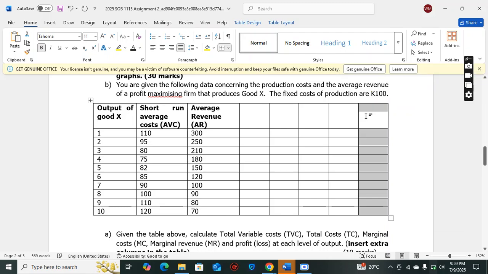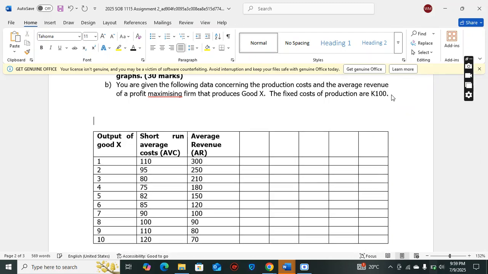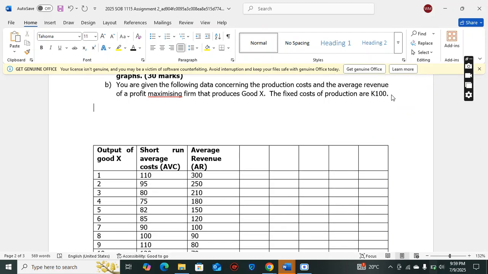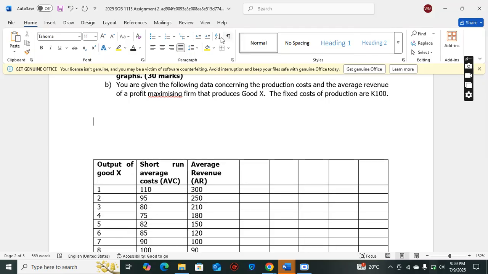For this type of question, these are the formulae you should always remember, so let me just write them down.